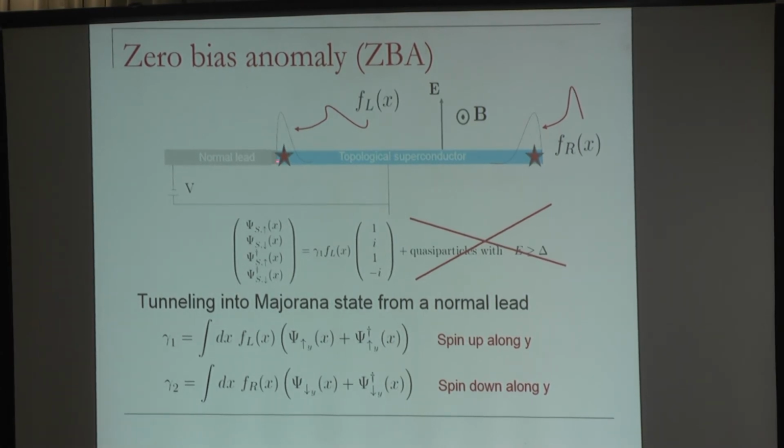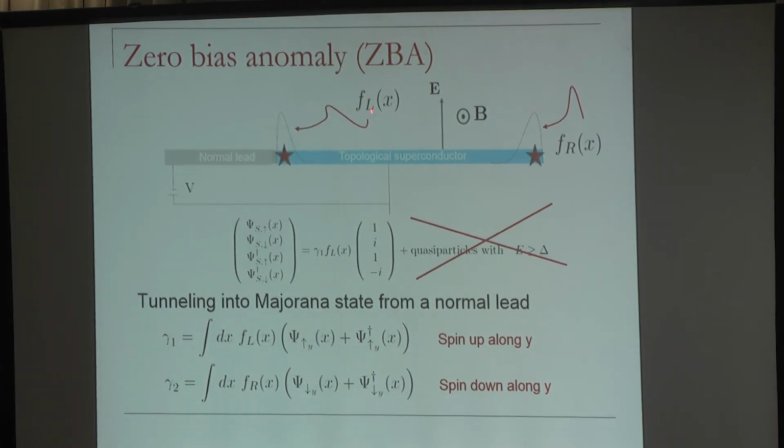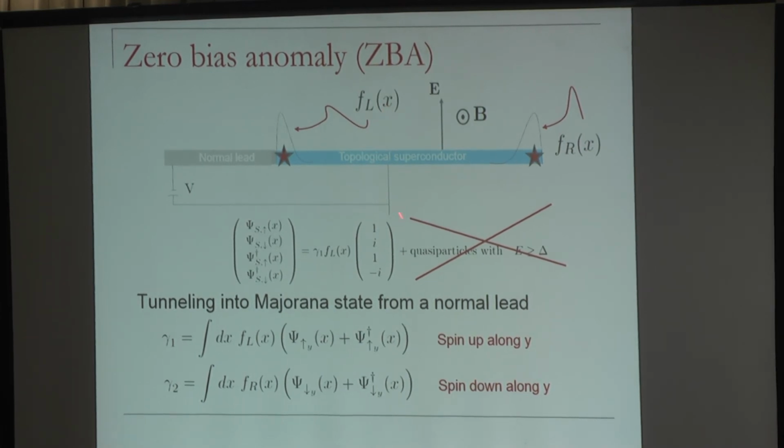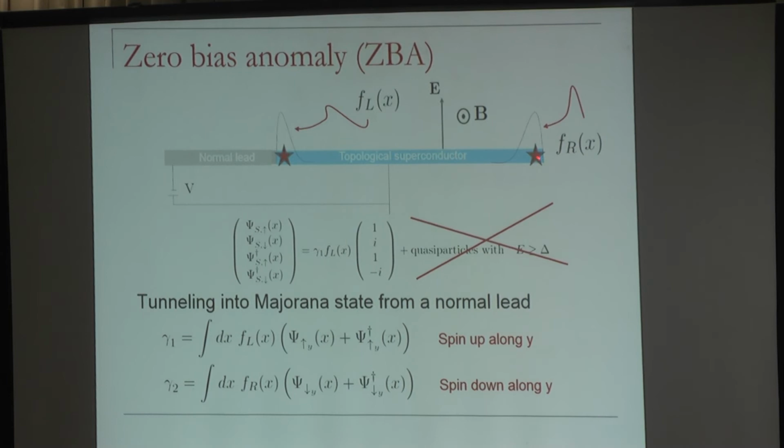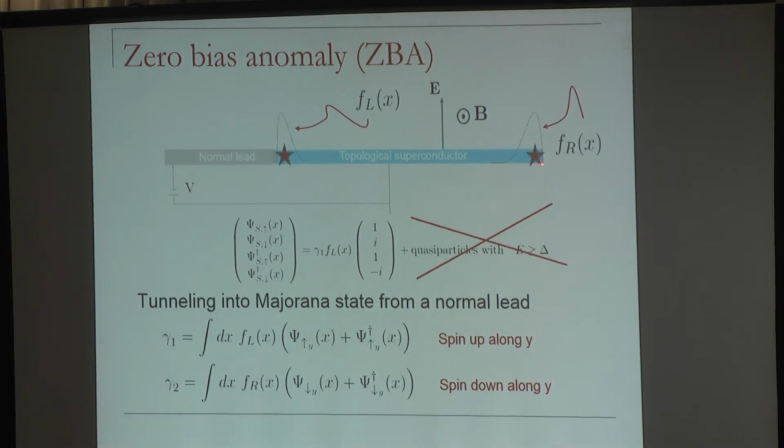And since we come from the left side, we just project it to the gamma 1 state, which has a wave function FL of x, and a spinor structure that you can work out looks like this. This will have this eigenvalue of the sigma z tau x matrix as we want it. We forget the other Majorana, assuming that this is a very long wire. So you cannot tunnel from here all the way over to there. And we neglect the quasi-particles above the gap. Yeah, that's the approximation one does here.